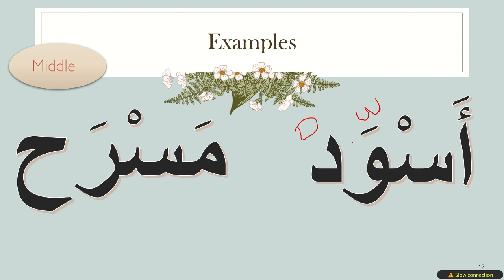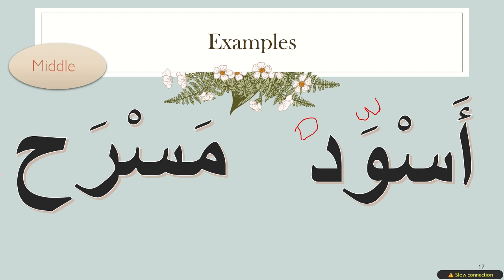Waw has Fatha above, so it would be Wa, and it's a noun, so Dal will have no vowels. Let's give it a try. Aswad means black.